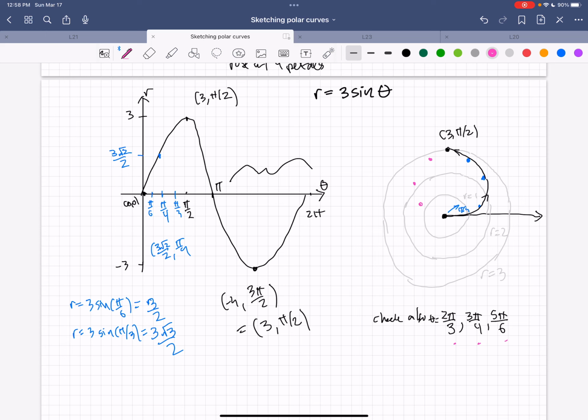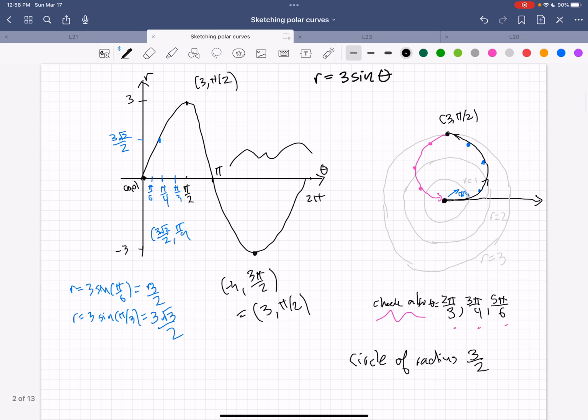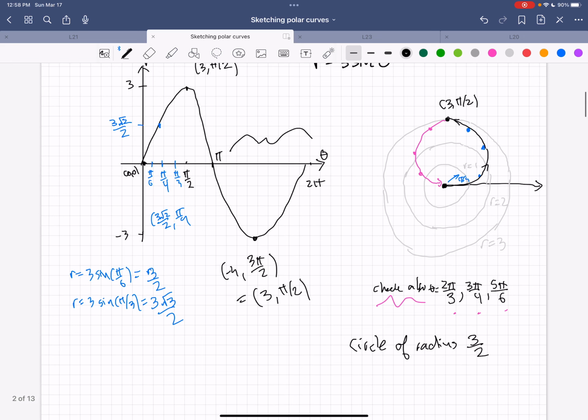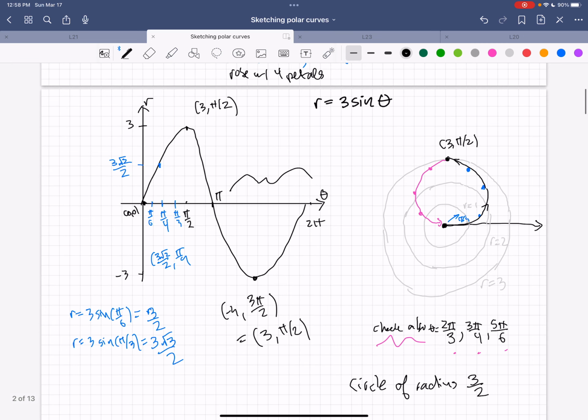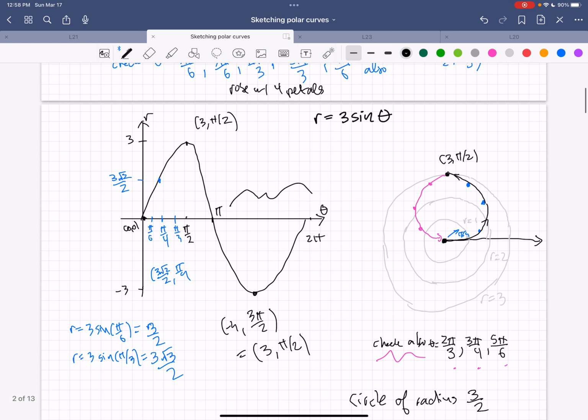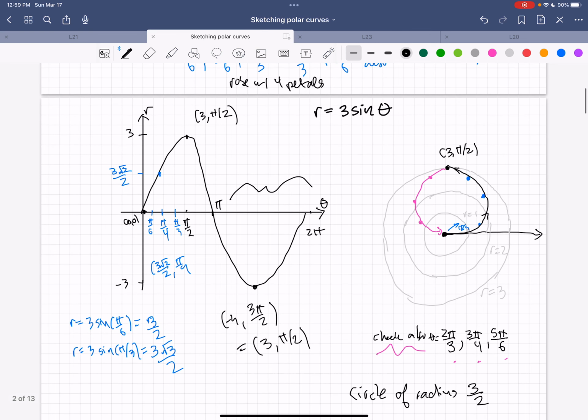And that would give us the rest of this circle. And yeah, in fact, this is a circle of radius 3 over 2. So again, a lot of these, I'm starting off just by plotting some of the most basic angles and then trying to find ones in between that will help me to sketch what's going on.